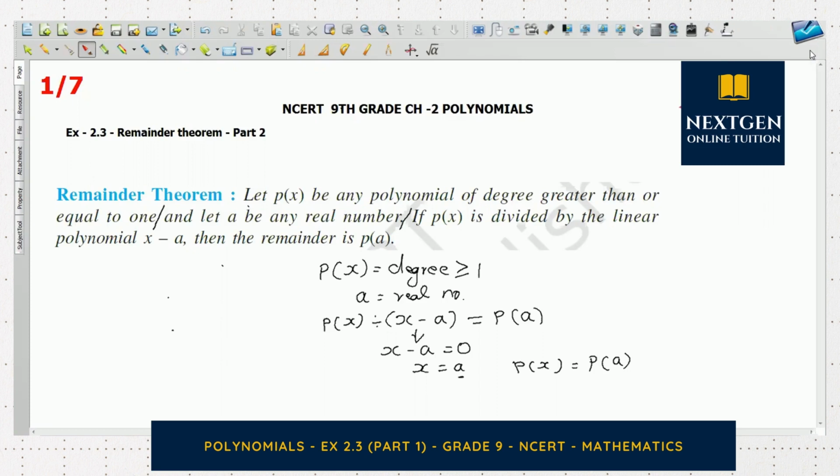Let's get into the topic today, remainder theorem part 2. Let me read out the remainder theorem once again for your understanding. Let p of x be any polynomial of degree greater than or equal to 1, and let a be any real number.